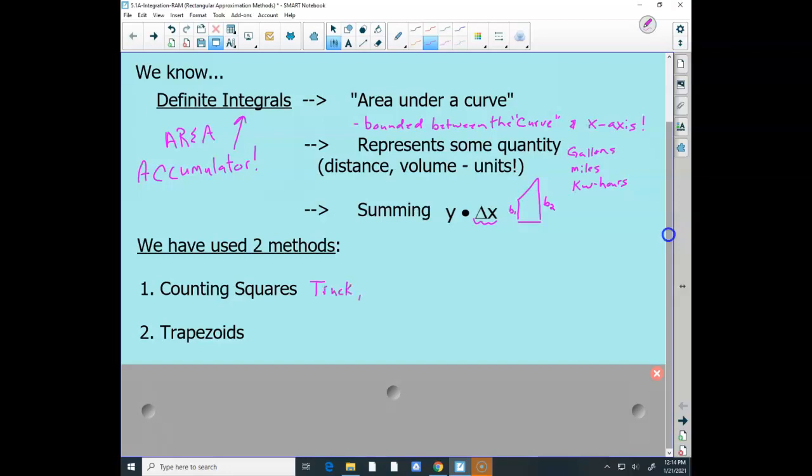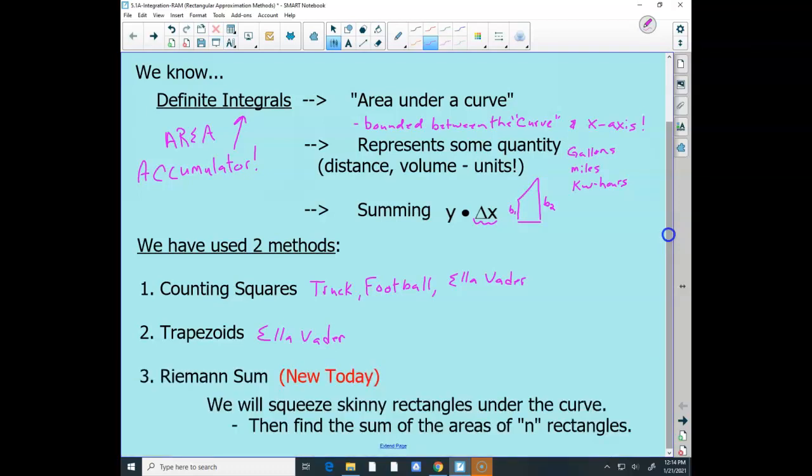We did that yesterday on the football problem. And we also counted squares on Ella Vader, Darth's daughter. Okay, trapezoids. Well, how did we do the trapezoids? Well, we only did the trapezoids on Ella Vader, okay, because we don't want to do every different technique on every one.